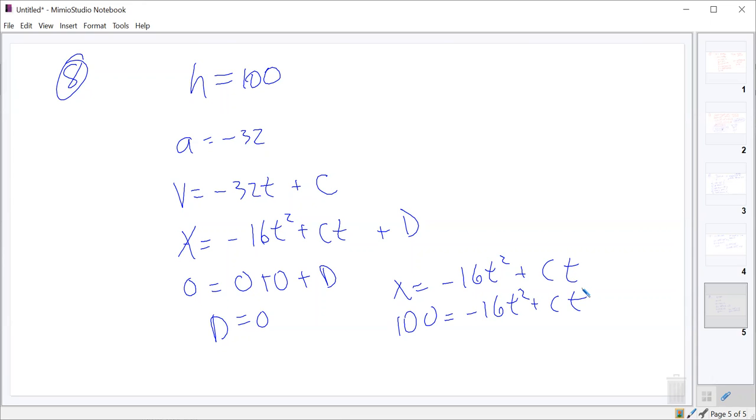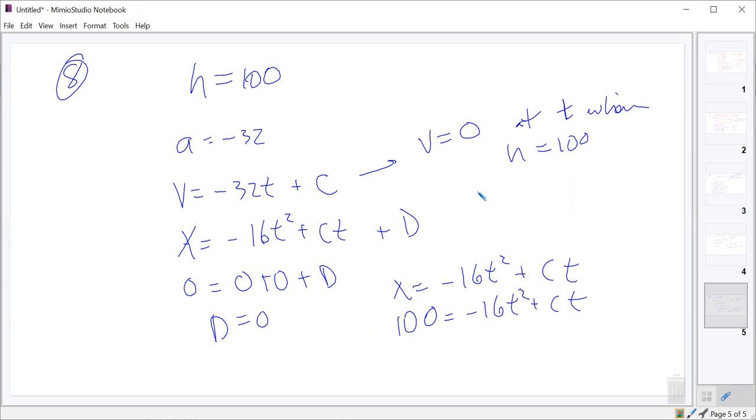Why is that not working out nicely? Go straight up. Oh, no, that won't do it. Oh, the velocity should be 0 at the time when the height is 100.